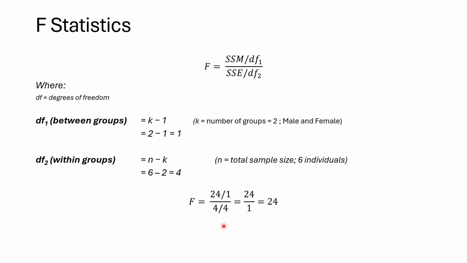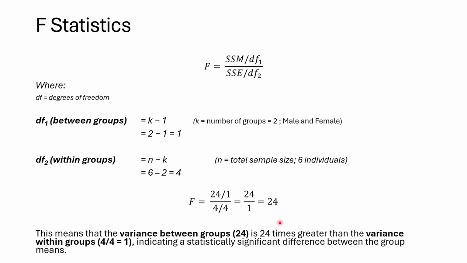Once we have calculated these values, we get 24 over 1, which is 24. So the interpretation of this value is that the variance between groups is 24 times greater than the variance within group. So the between group difference was 24 times higher than within group, right? Indicating that there is a statistically significant difference between the group means.